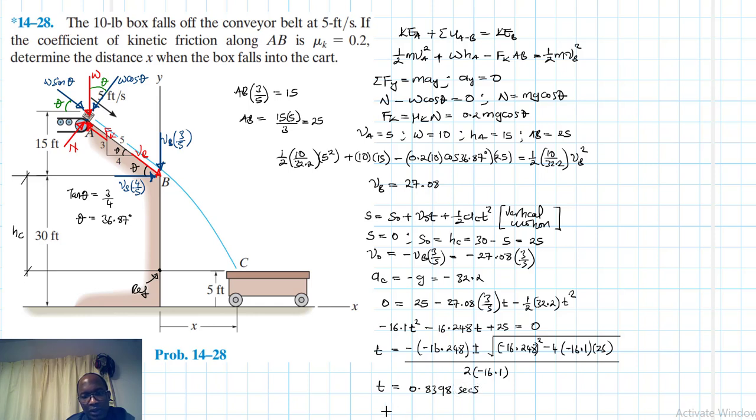Okay, so this is the time it takes for the box to move from B to C. Let me check this again. 16.248 squared plus 4 by 16.1 by 25 square root of that. Alright, 0.8398.